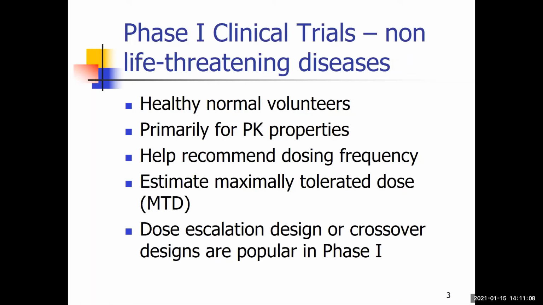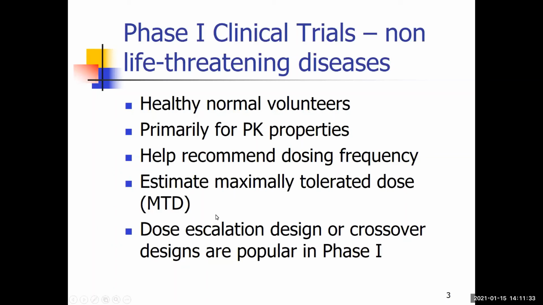So let's start with phase 1. Of course, we touched on phase 1 in the previous lecture. All right, it goes through healthy normal volunteers, primarily looking for PK properties, and help recommend dosing frequency. Based on PK, you can try to propose once a day, twice a day, or something like that, dosing frequency. And you want to estimate maximally tolerable dose, MTD.